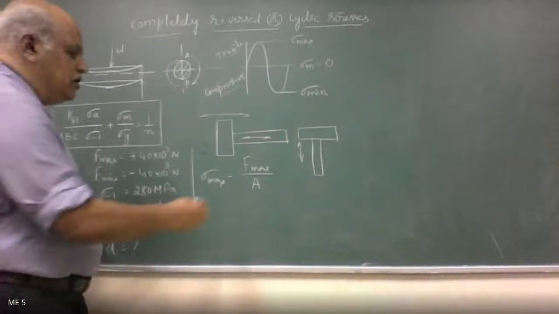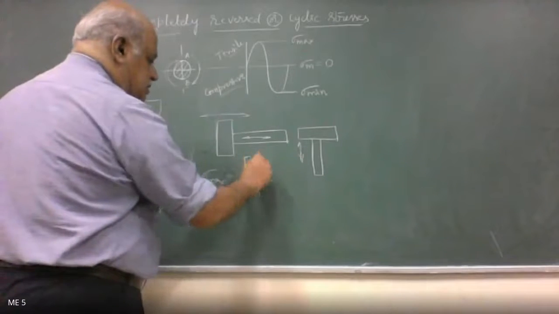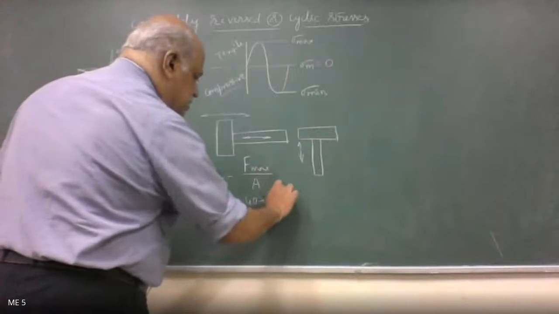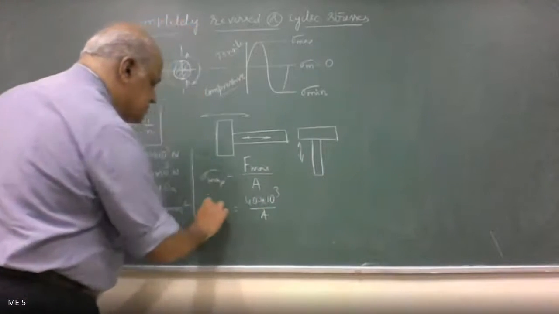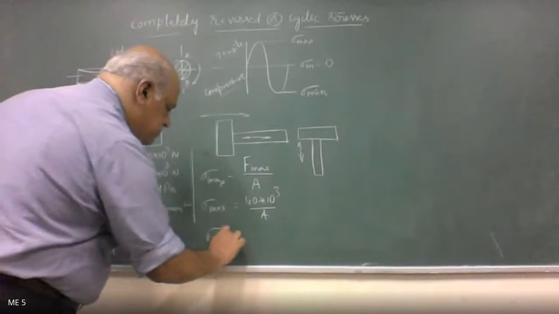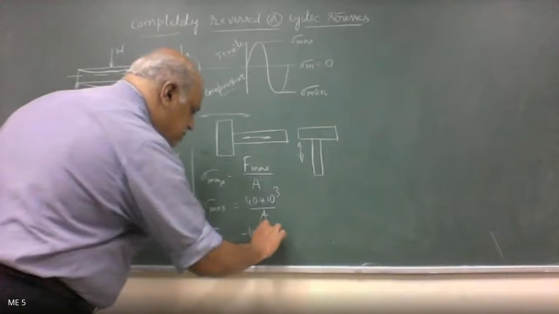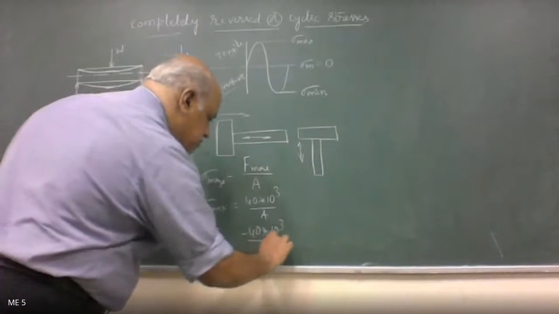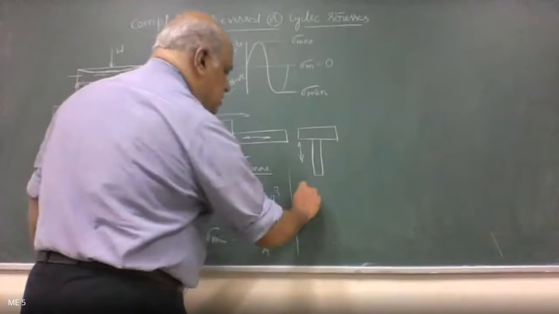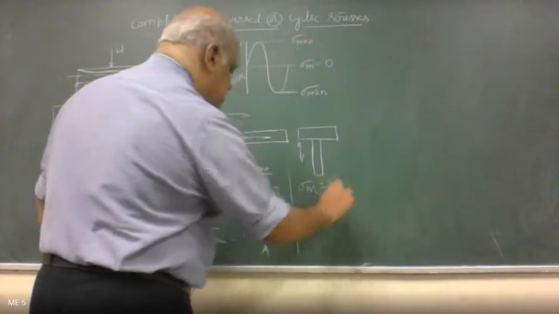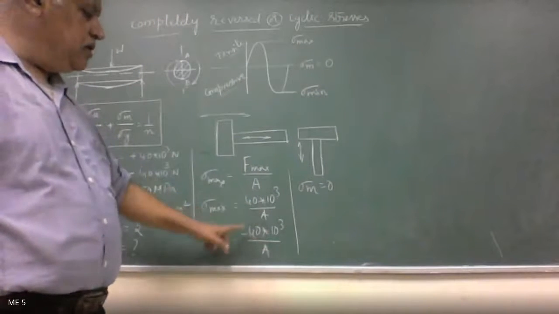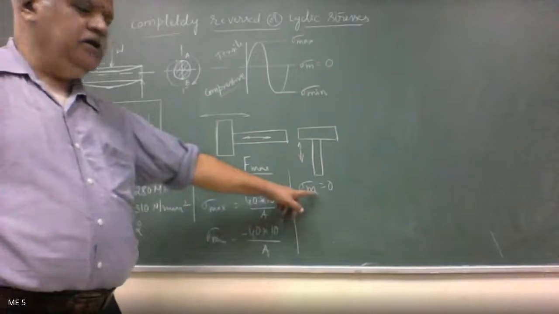Keep all the parameters in terms of A. Sigma max is 40 into 10 power 3 by A. Sigma minimum will be equal to minus 40 into 10 power 3 divided by A. Sigma mean is going to be 0, because 40 minus 40 is 0.